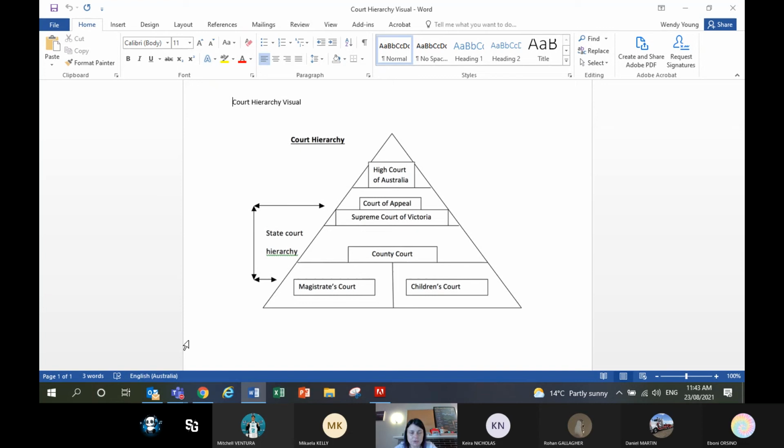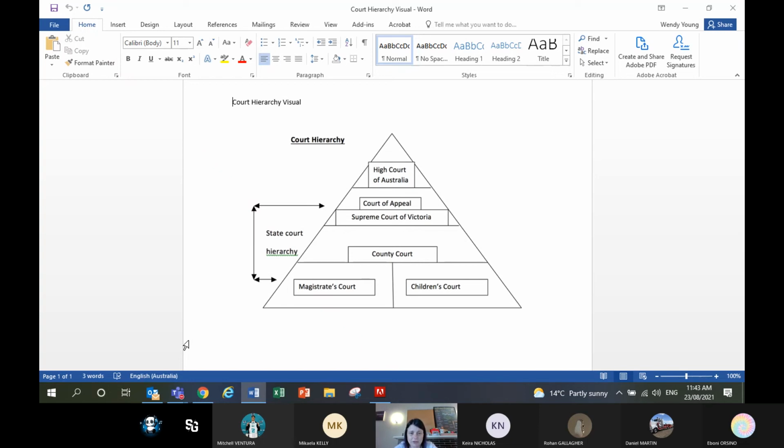Now, in about 2 weeks' time, and I will give you the exact date next week, you're going to have an online test on forms on justice and the law, starting right at the beginning. One of the things in the test that you will have to do for 30 marks is to accurately label this diagram.